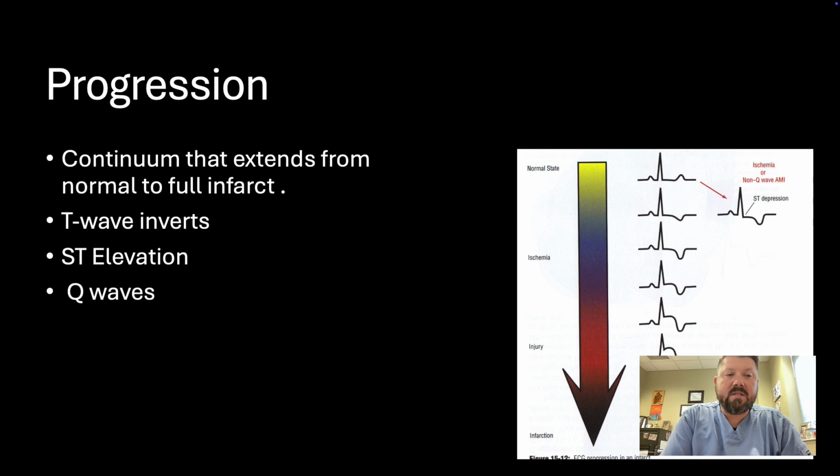But as you become ischemic, and remember, ischemia can be reversed, you may have T wave inversion, and then you're going to start having ST depression. As the myocardial tissue becomes injured, you're going to start seeing ST elevation, and as it gets worse, you're going to start seeing the formation of Q waves as the ST segment continues to elevate.